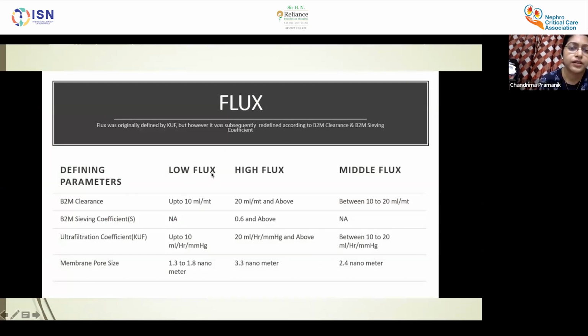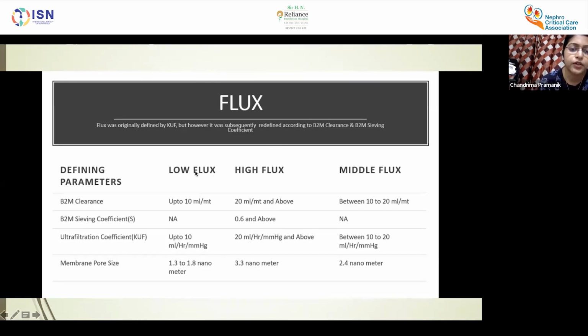But nowadays, flux is not only confined to the ultrafiltration coefficient according to fluid. The definition has been broadened according to beta-2 microglobulin clearance and beta-2 microglobulin sieving coefficient, as it is a large molecule.